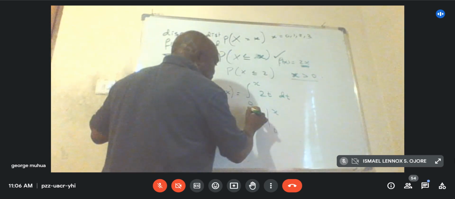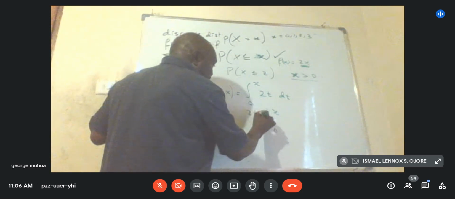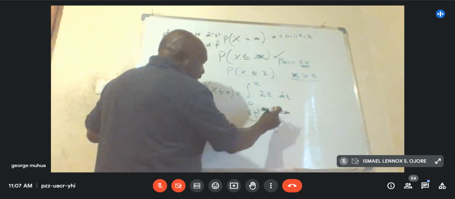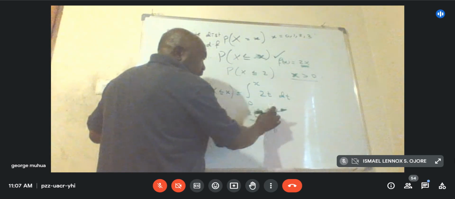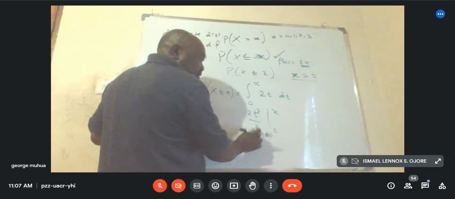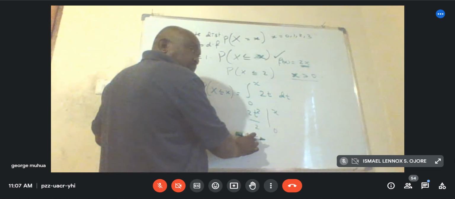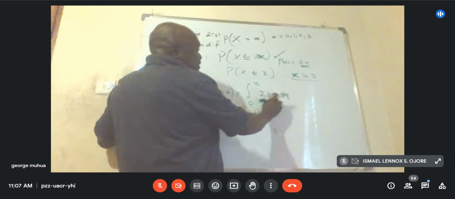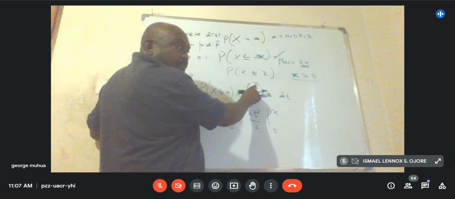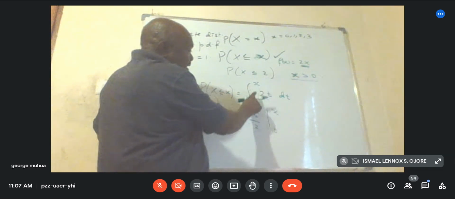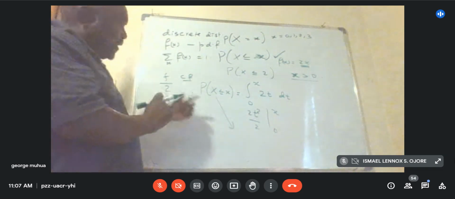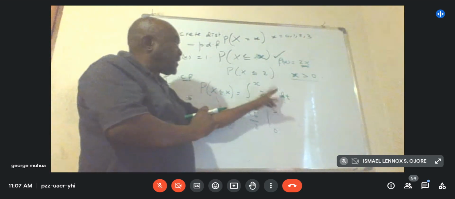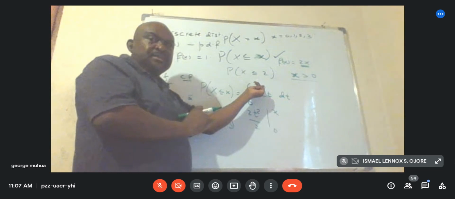This expression will be 2t squared over 2. So I'll put my 0 here, and I will also put my x here. So I'll get 2x squared over 2. Okay, so I'll still come back to the function. I'm just introducing a new variable because my upper limit is in terms of x, and therefore we cannot still integrate with respect to x when our upper limit is x.